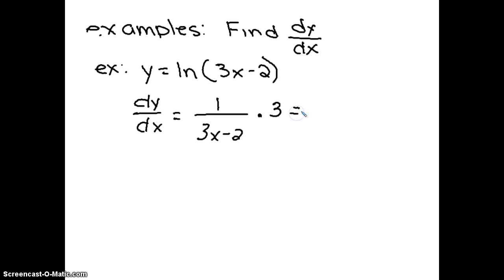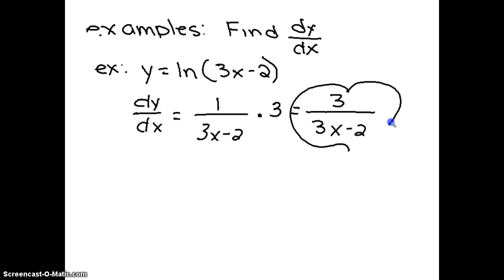And so rewriting that in a more observable form is 3 over 3x minus 2. Done. That's the derivative of the ln of 3x minus 2. That's all there is to it. And now we just apply it with everything else that we know.